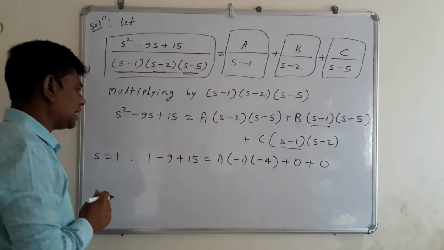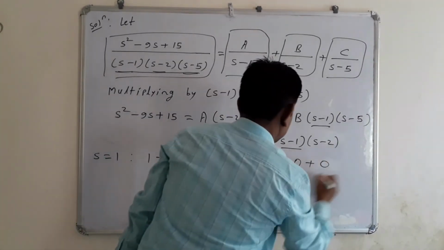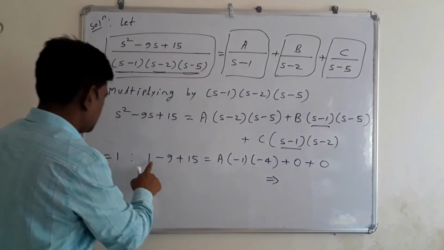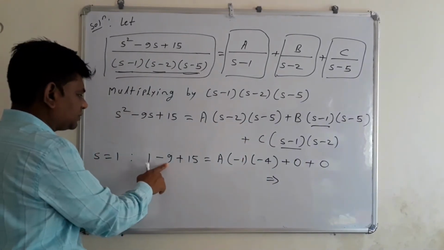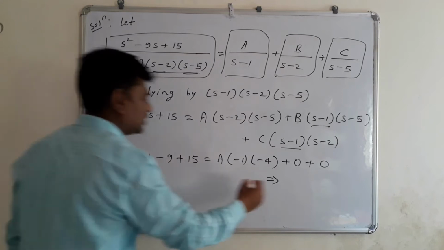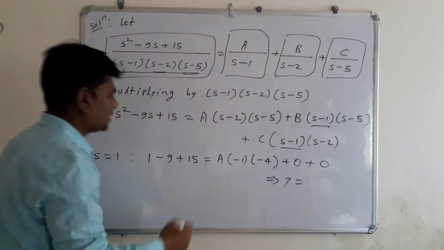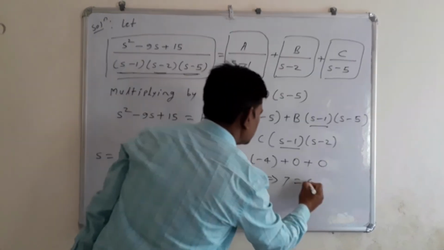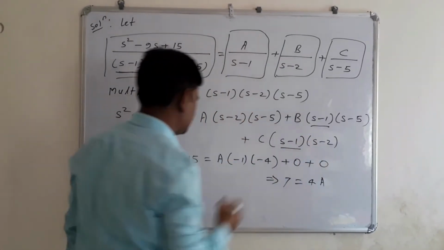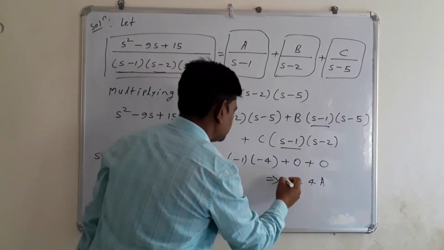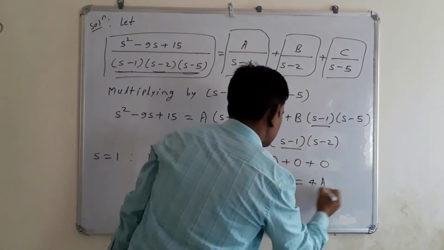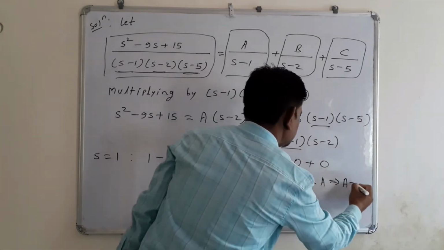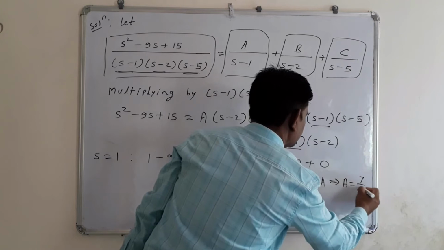This implies that 1−9 is −8, plus 15 is 7. Now −1 times −4 is 4, times A, and therefore A is equal to 7/4.